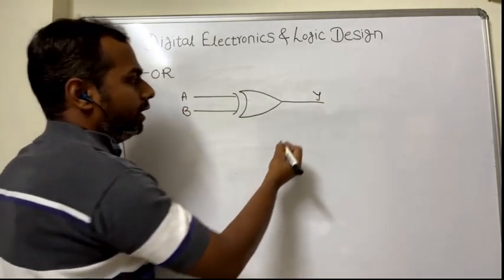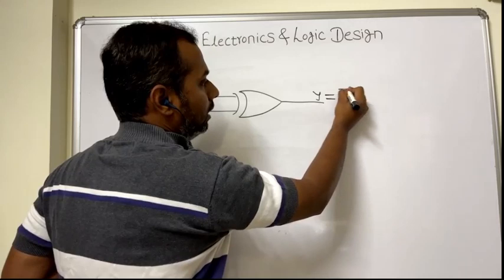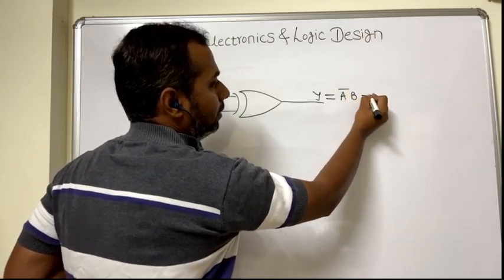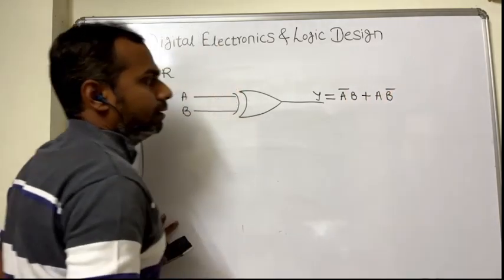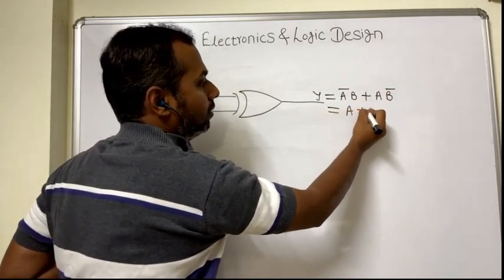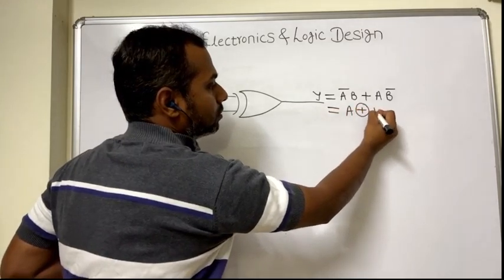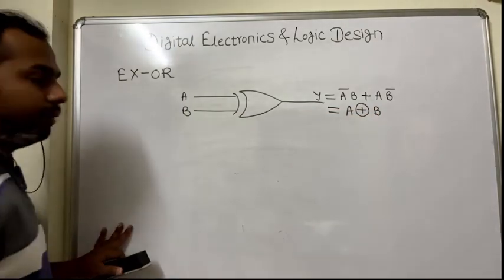And the equation we can write in this form: Y equal to A complement B plus A B complement. In simplified form, we can write this equation in this form. This is the XOR symbol, A XOR B. And its truth table is like this.